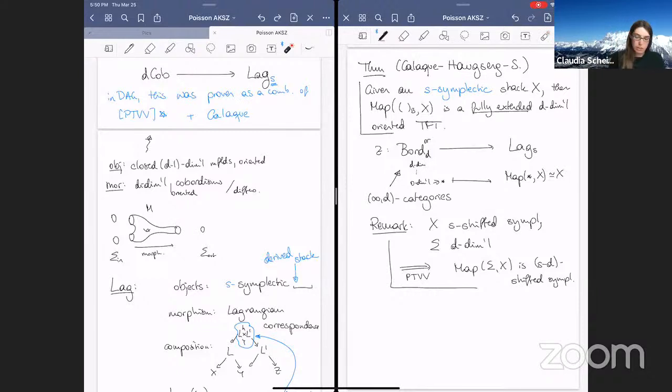All right. So how could we possibly try to prove a theorem like this? There are two strategies.